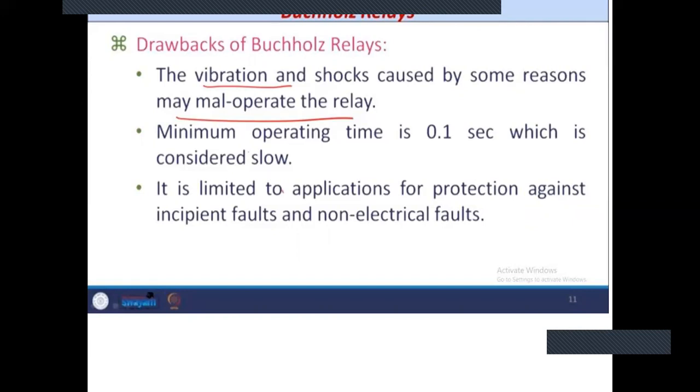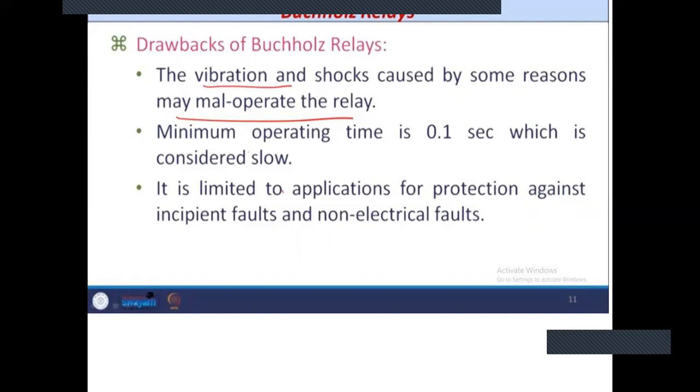So we need some arrangement to avoid such maloperation. The second disadvantage is that the operation time of the Buckholz relay is of the order of 0.1 second or 100 milliseconds, which is considered slow compared to other devices in the transformer.